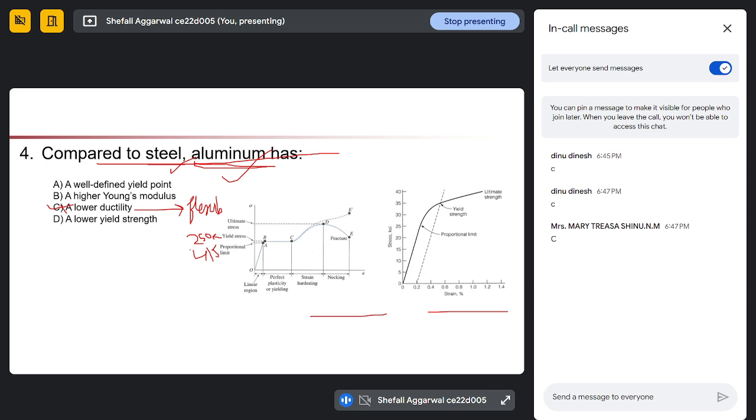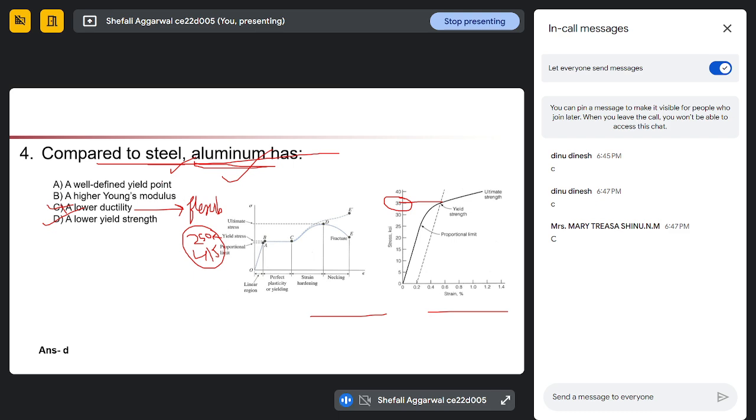Depending on that, you will have different yield strengths, but usually it comes in the range of hundreds. However, in this case, if you see in aluminum, the yield strength is in terms of 35 KSI. So if we compare steel and aluminum, aluminum has a lower yield strength as compared to steel.